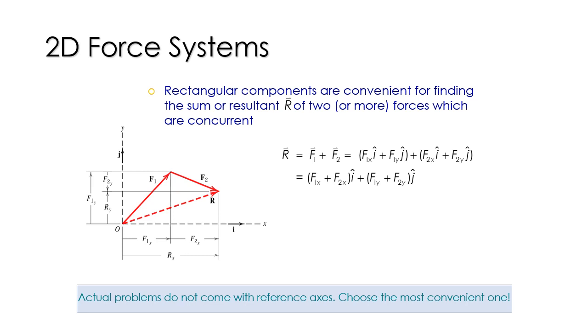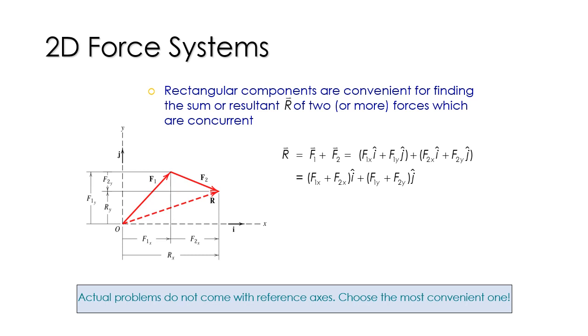Then the rectangular components are convenient for finding the resultant R of two or more forces which are concurrent. So for this example, we have forces F1 and F2.